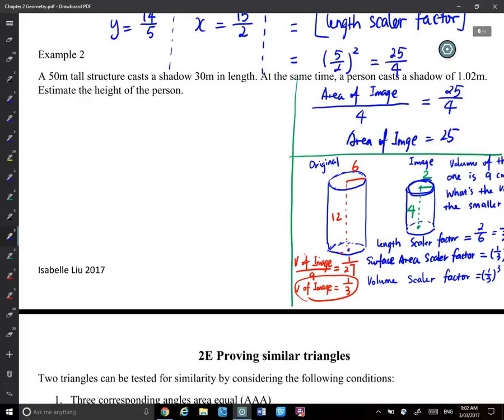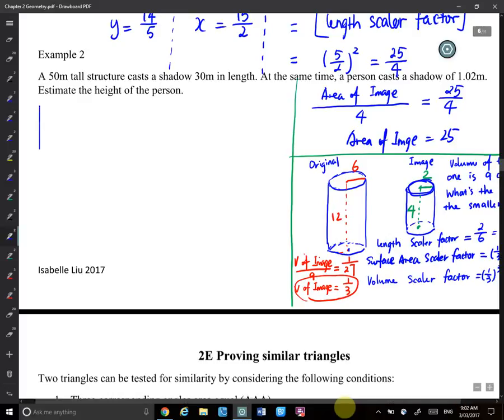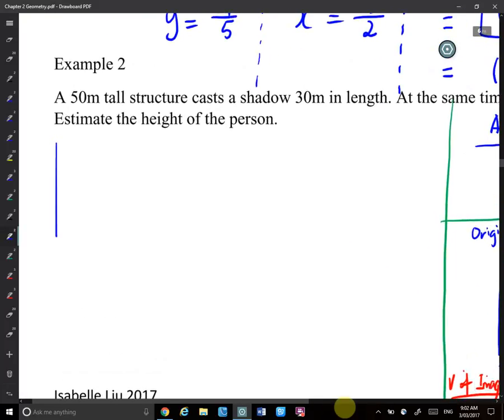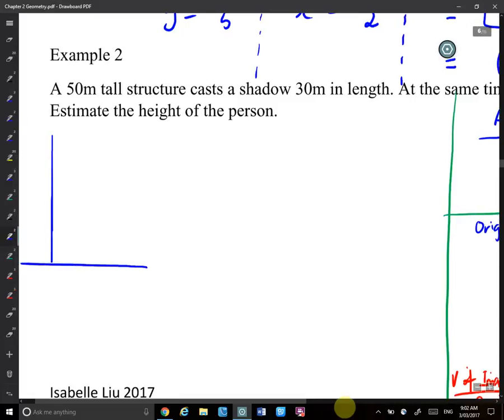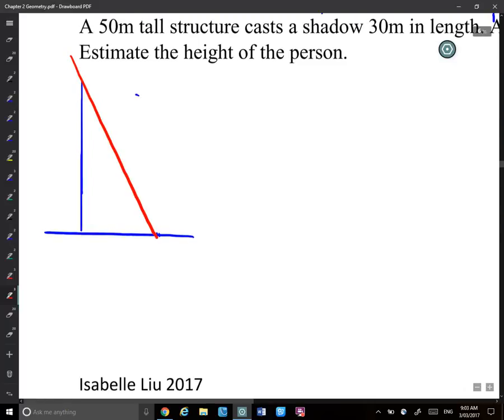Let's say we have a structure here, and it casts a shadow here.